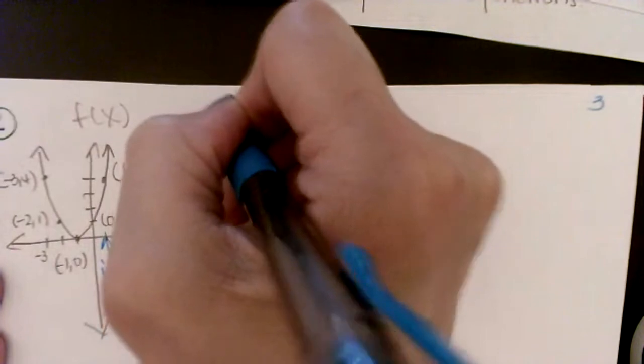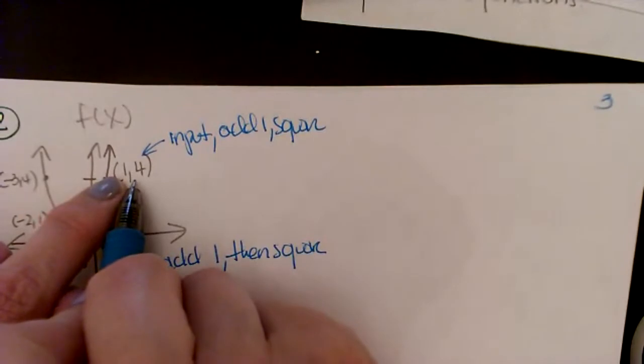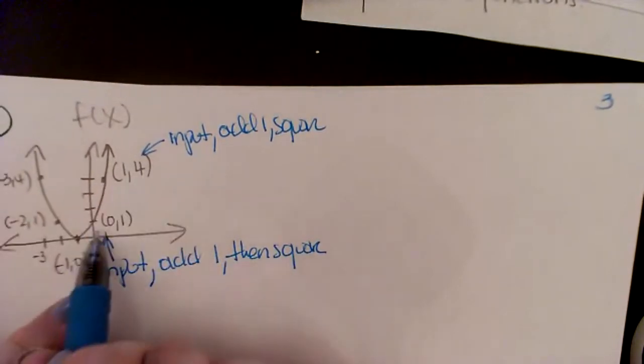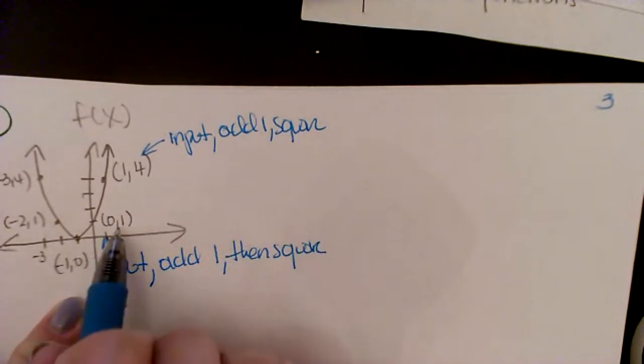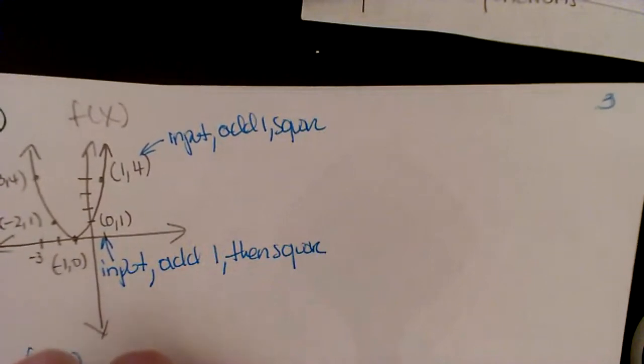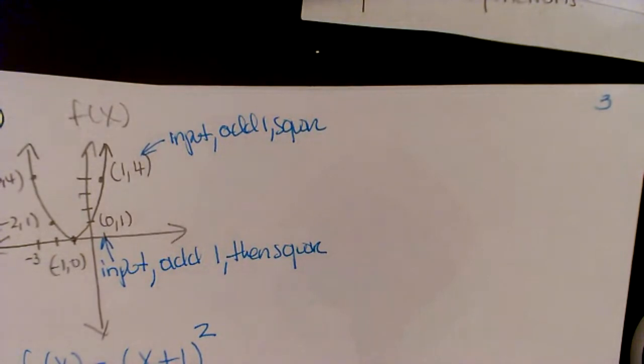This for is the input, then we add 1 and then a square. The input is 1, add 1 is 2, a square is 4. Input is 0, add 1 is 1, a square 1. Okay, so this function is going to be x plus 1 squared, okay?